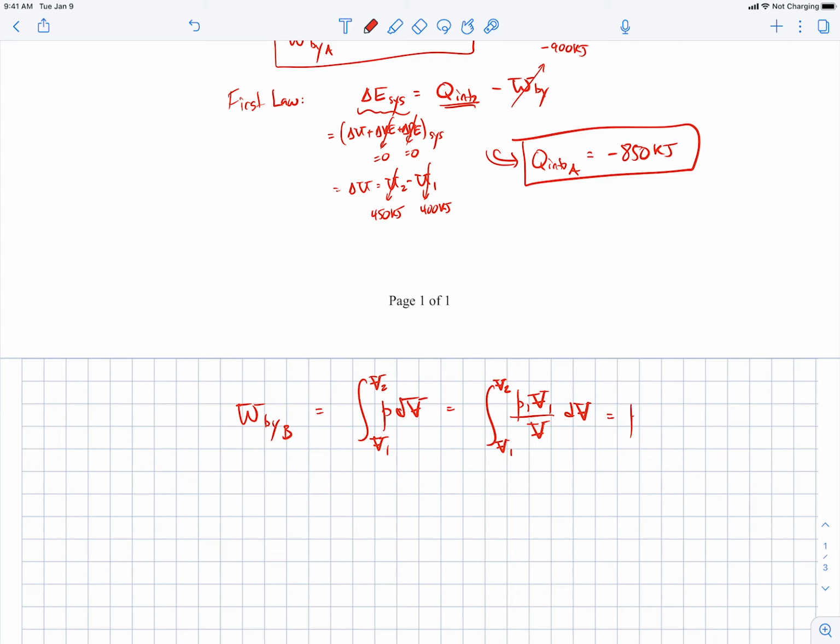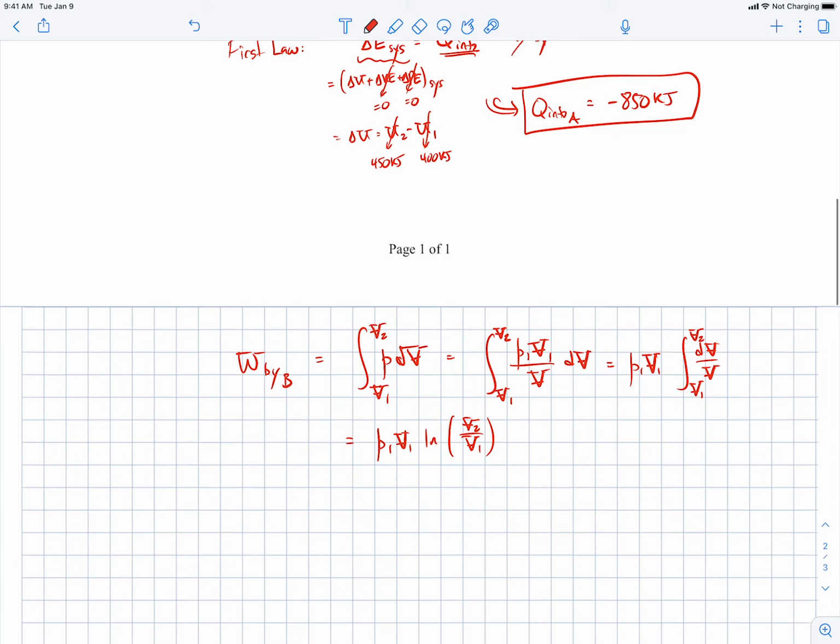P1 and V1 are just constants, so they come outside the integral. So we're left with the integral of dV over V. Well, that's just a natural log, and so what that will be is P1 V1 times the natural log of V2 all over V1. And we know all the values for these, right?